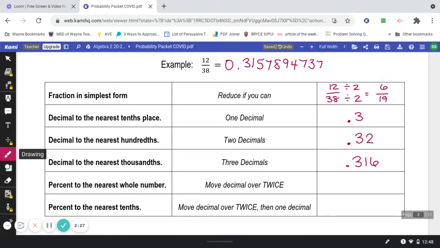Then for the percent, for this one, percent to the nearest whole number, you're going to move the decimal over twice. So we're going to take the decimal here and move it over once, twice, and then decide whether 31.5 rounds up. Because of the 5, it does round up, so you would get 32%.